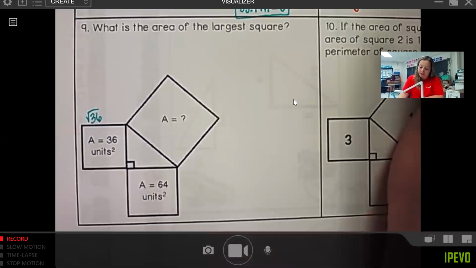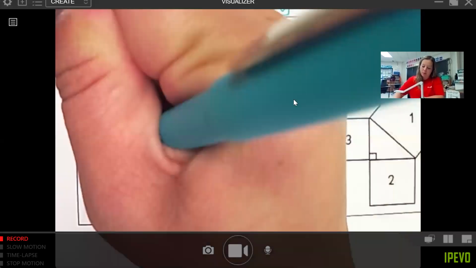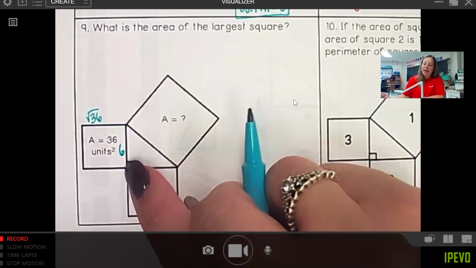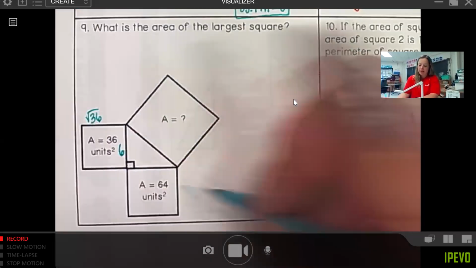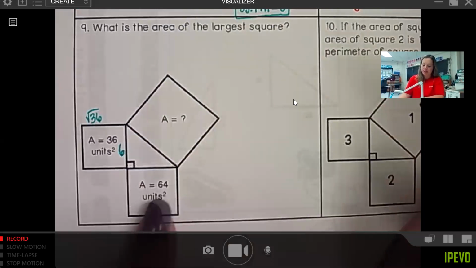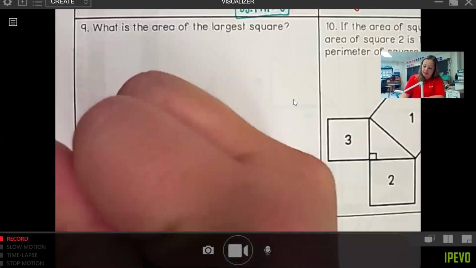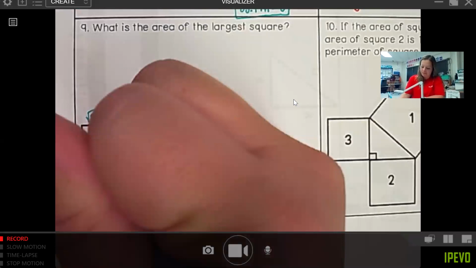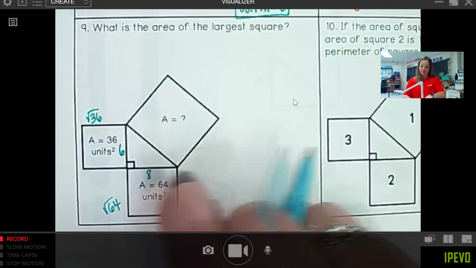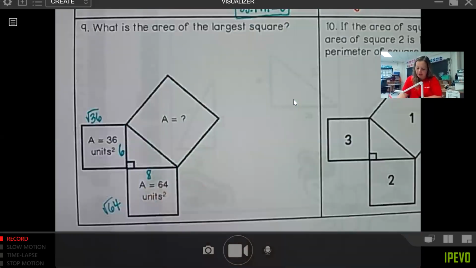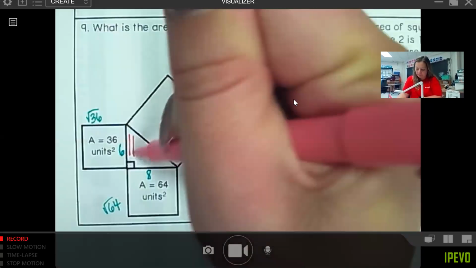So I can figure out right away that this side length, one of the legs, is 6, and I can do the same thing for 64. This is the area, so it's already squared. So if I take the square root of 64, which is 8, then I also already know this length in my triangle. My triangle is here in the middle.